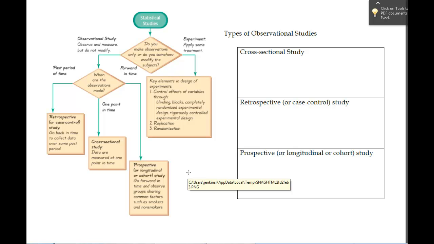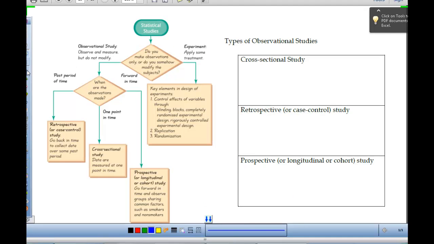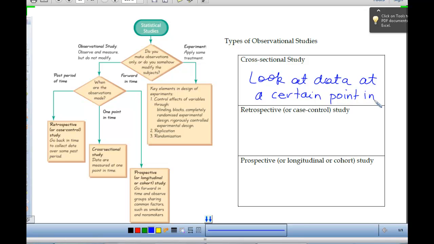Okay, so with the cross-sectional study, we're looking at data at a certain period of time. Okay, data is looked at or studied over a certain period of time. And I shouldn't say period. Look at data at a certain point in time.